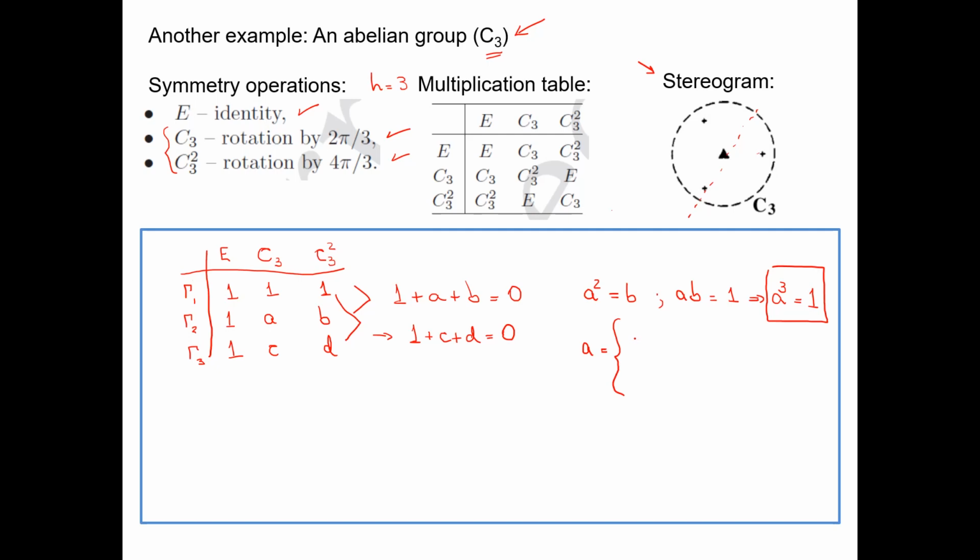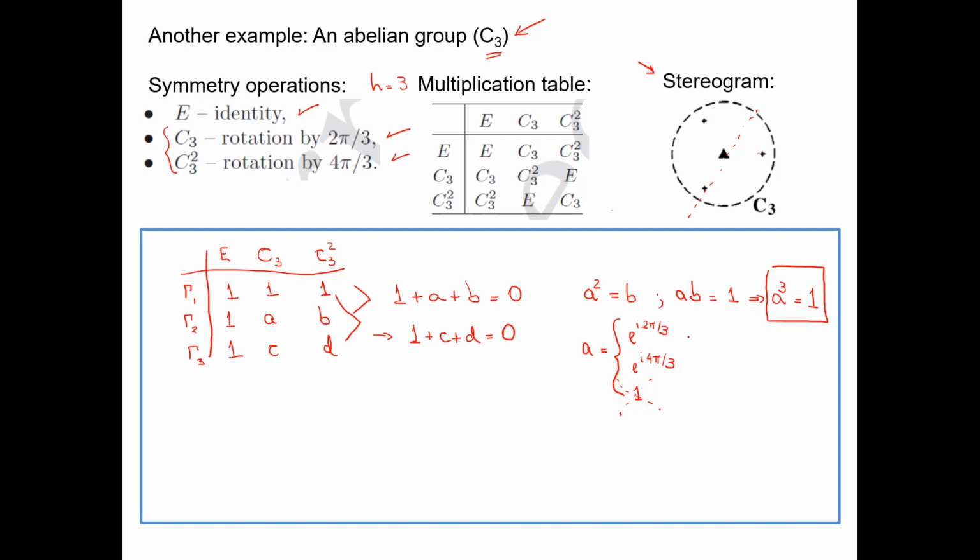I can get e to the i 2 pi over 3, e to the i 4 pi over 3, and A equal to 1 is also a solution. But if I choose A equal to 1, I won't be able to satisfy these two equations. Maybe it's not so obvious, but you can test that. This one I'm going to disregard.